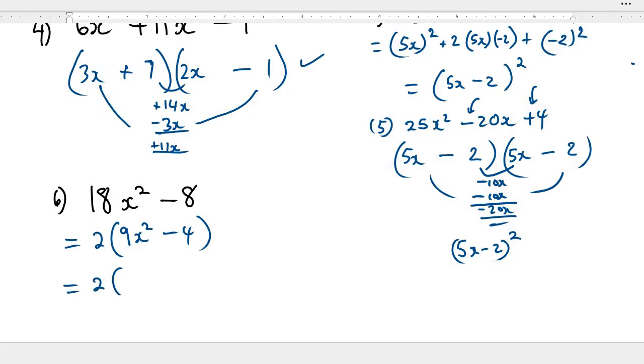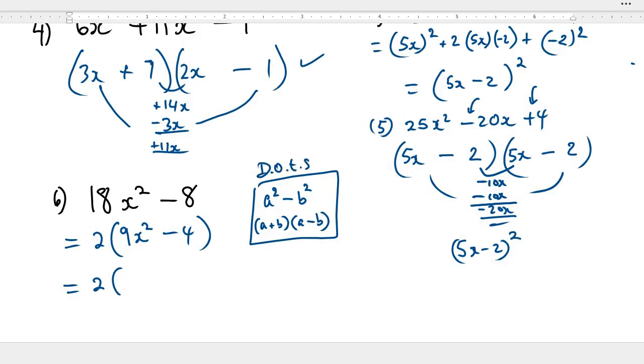But this looks like a perfect square, meaning it's in the form of a squared minus b squared. And once we see that situation, it's going to be a plus b times a minus b. We call that the difference of 2 squares, right? Difference of 2 squares. So that's what we have here in bracket.